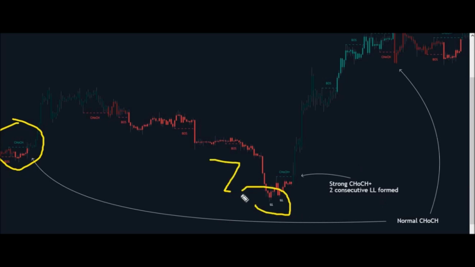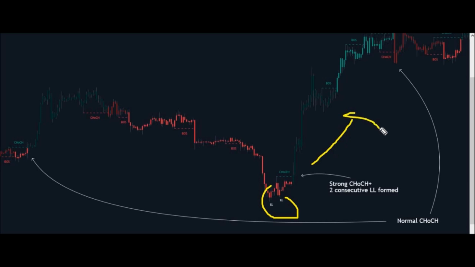And remember, on a downtrend, for us to really know it is a continuation to the downside, a lower low tends to be broken below. In this case, you can see lower lows are not broken below, and so that's why we have a strong change of character where two consecutive lower lows formed, and it was indeed a reversal to the upside. Okay, so you can compare this strong change of character plus to the normal change of character, which is this one over here.